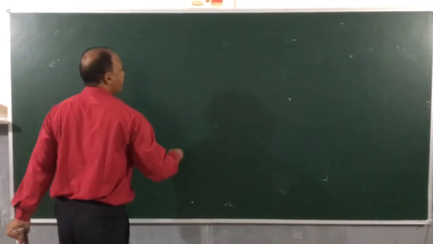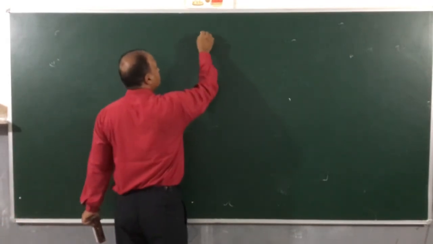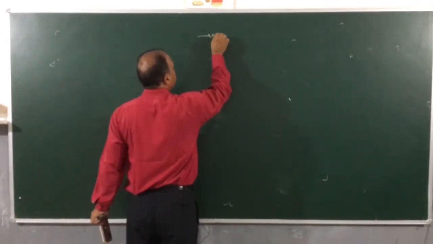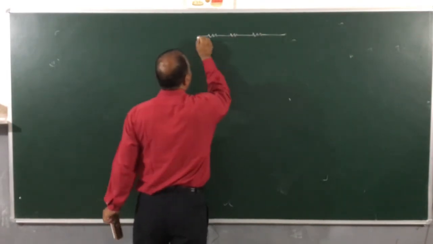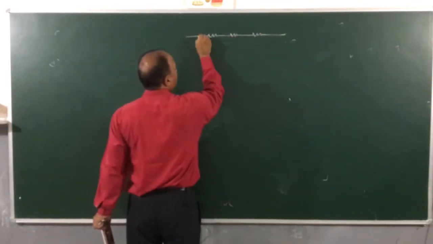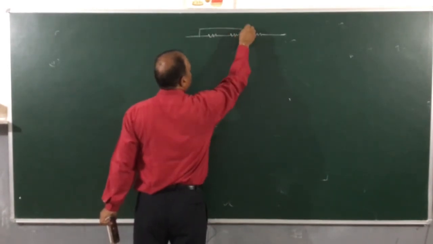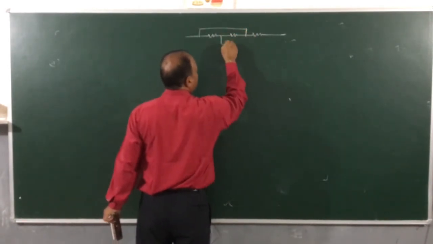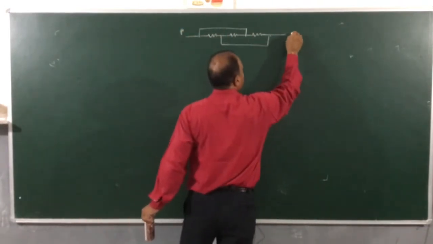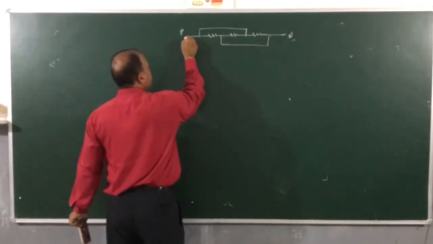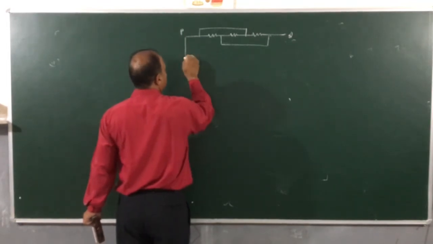Suppose we connect here one wire, here we connect another wire. This is point P, this point Q, and then here I have connected a battery.